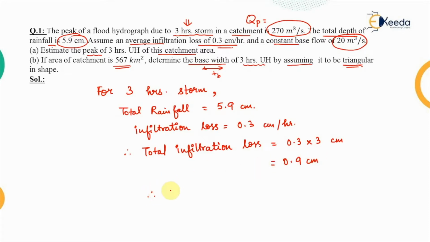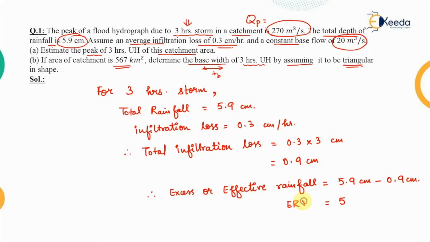Therefore, the excess, or what we call the effective rainfall, that means the portion of the rainfall that is contributing towards the direct runoff or the surface runoff, is equal to the total rainfall minus the total infiltration loss. So from here, the effective rainfall depth that we are getting is equal to 5 centimeter.